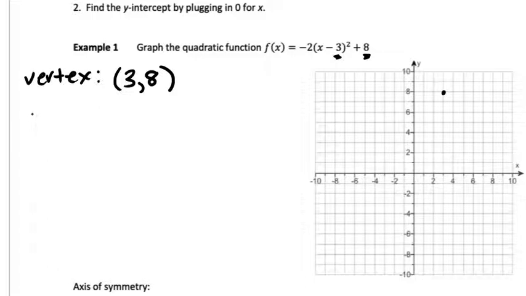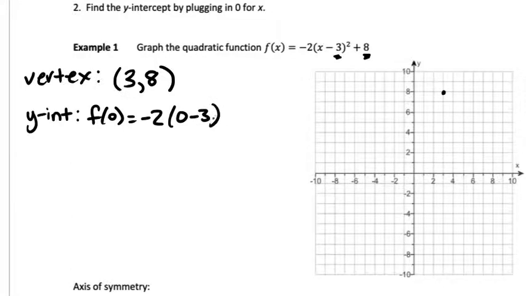Now for my second point, the y-intercept, I'm going to plug in 0 for x into the function. So negative 2 times 0 minus 3 squared plus 8. Then I just need to do that math.